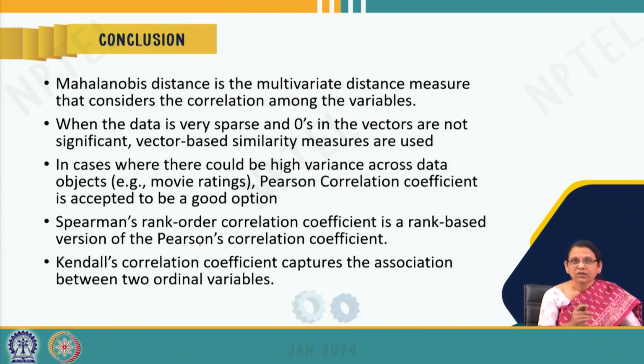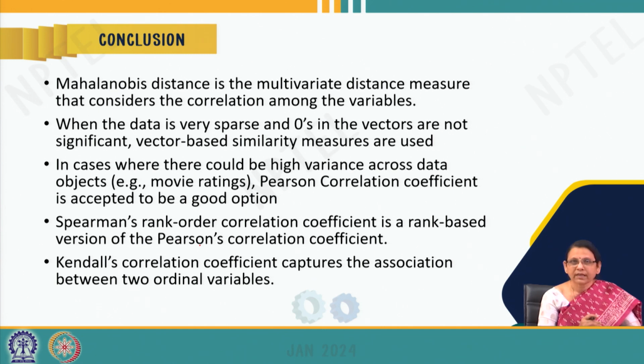In other words, we rotate the data and represent it in terms of principal components, and along these principal components, if we measure the distance, that turns out to be the Mahalanobis distance.